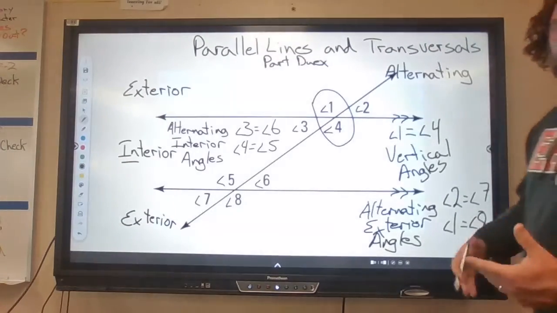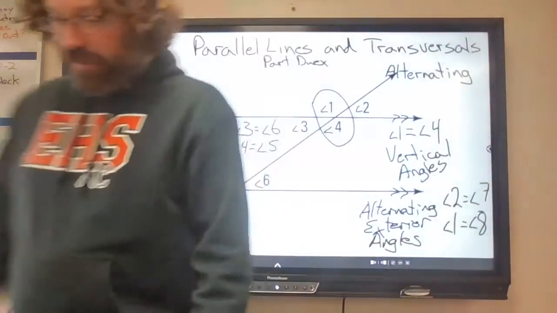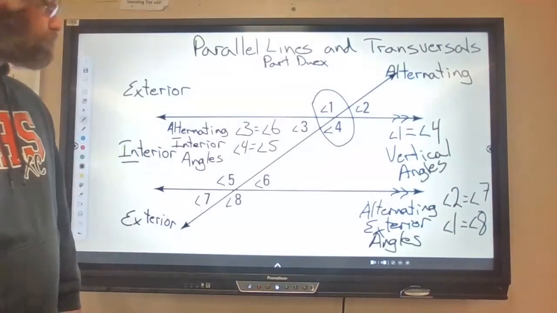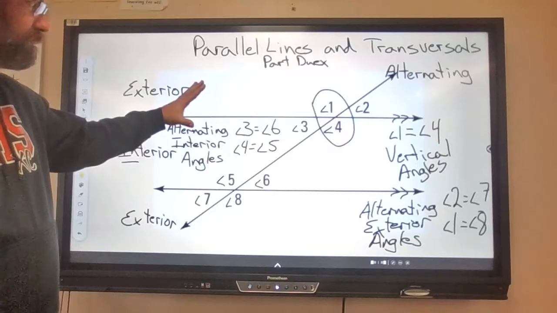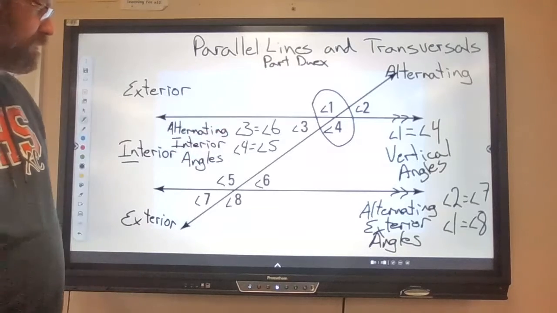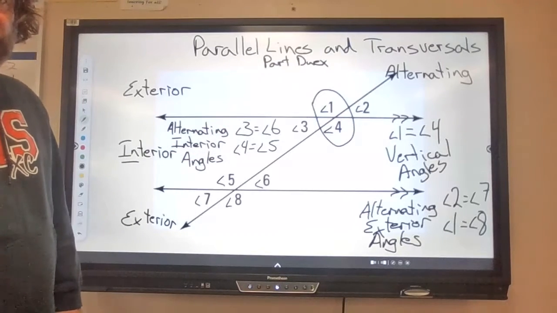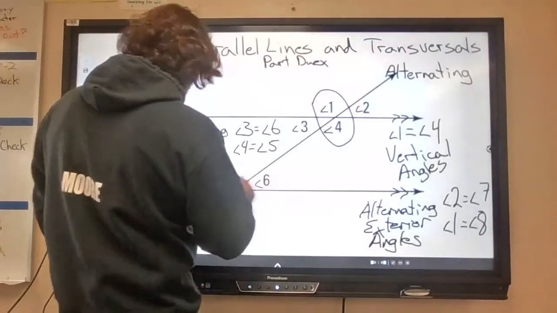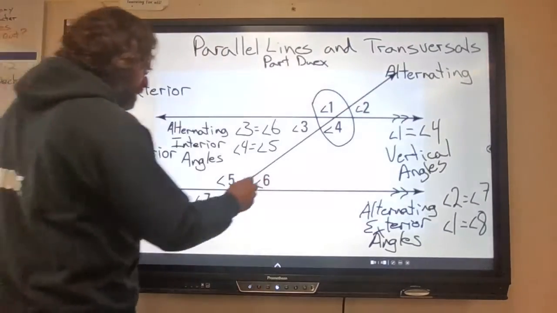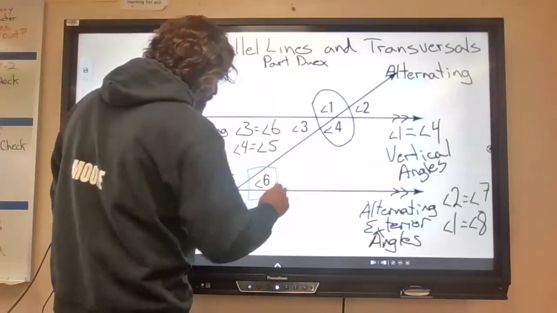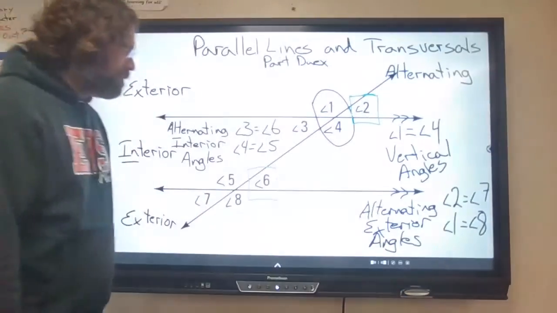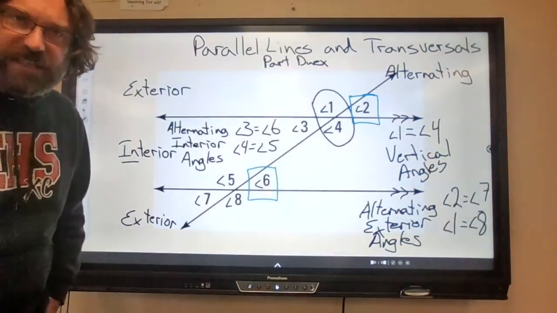All kinds of pairs on there that we can come up with. Now, we can also look at angle 6 and angle 2. Wait a minute, those are the same too.